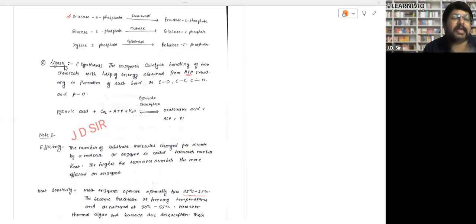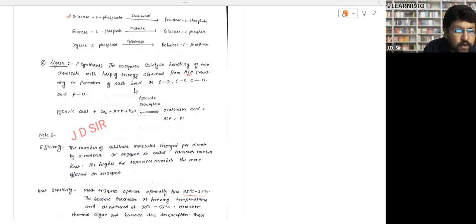Ligases, ligation, means to add on something, to join something, right? So ligases means they are for synthesis. The enzyme catalyzes the bonding of two chemicals with the help of energy obtained from ATP, right?